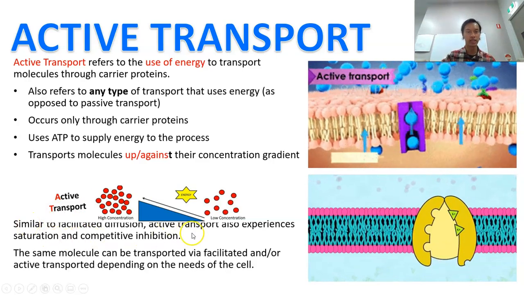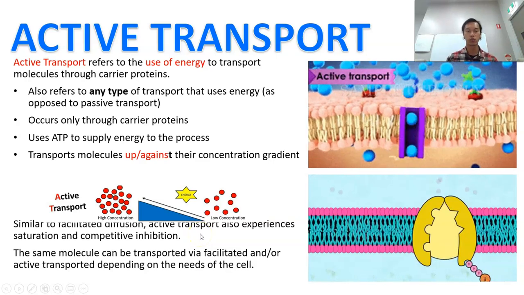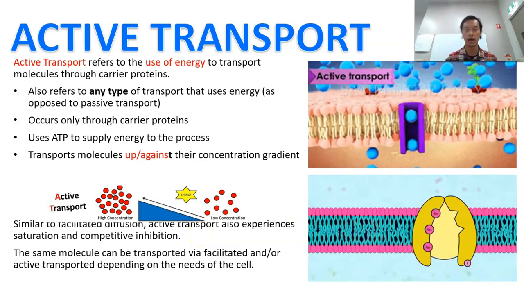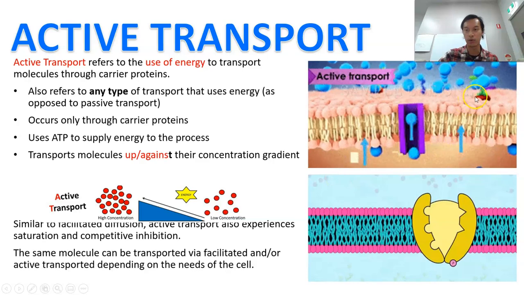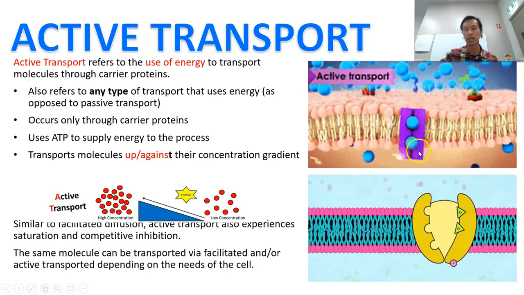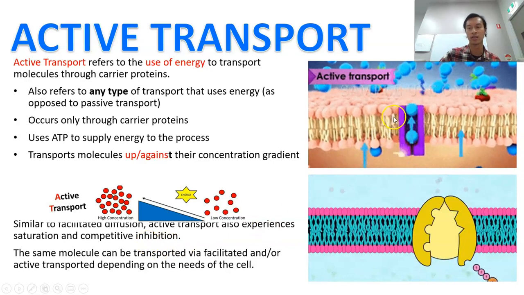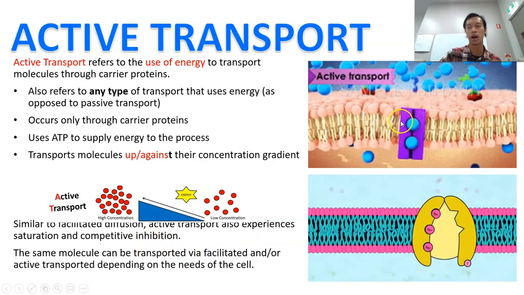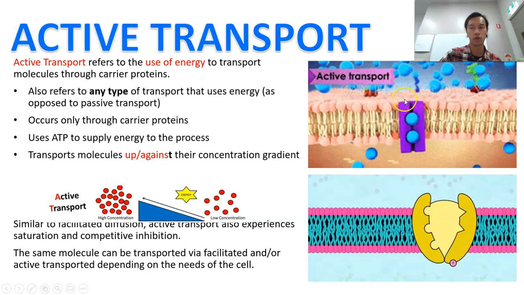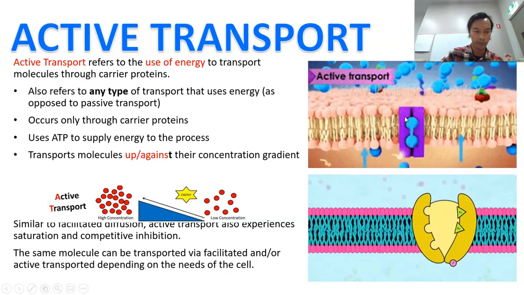Similar to facilitated diffusion, active transport also experiences saturation. In other words, that same protein could be used up completely and the molecules have to wait in line, and competitive inhibition when the same protein gets used by multiple different types of molecules, right?